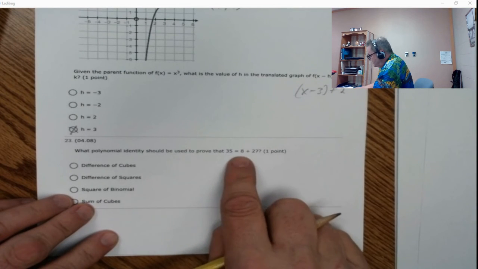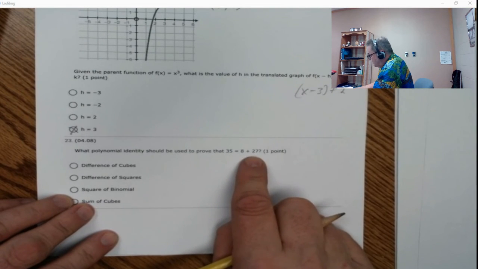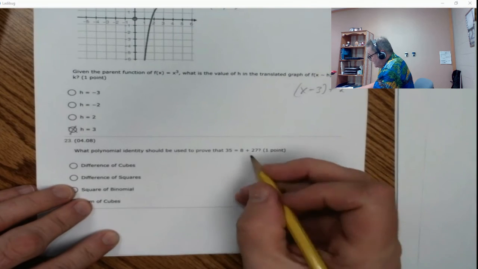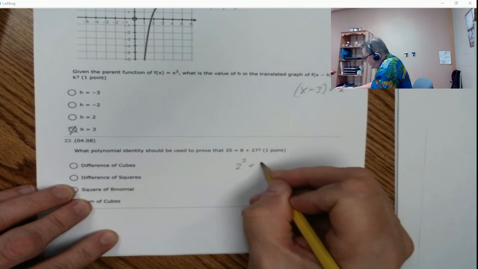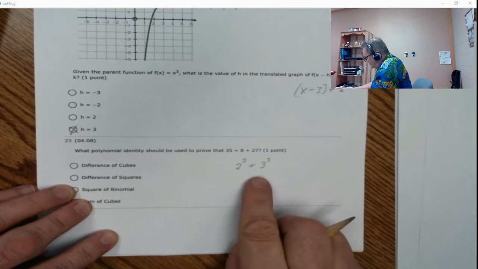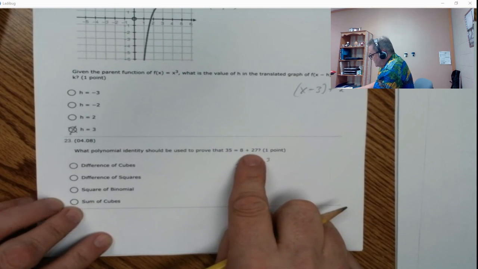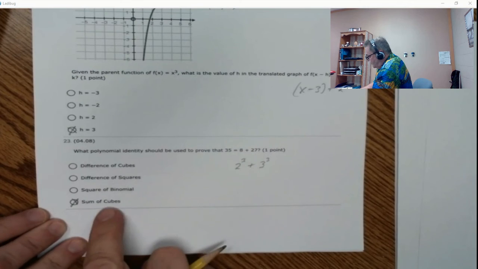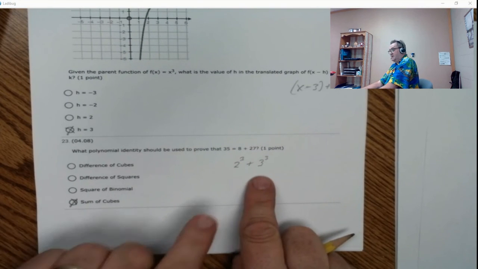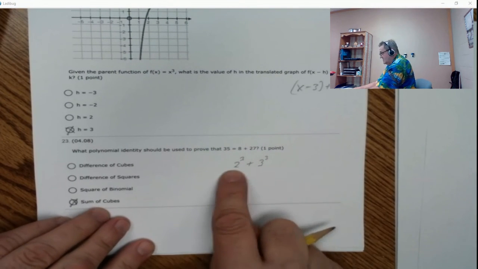Okay, which polynomial identity should be proved that 35 equals 8 plus 27? Well, 8 is, I notice, 2 to the 3rd power, plus 3 to the 3rd power. This is 2 to the 3rd power plus 3 to the 3rd power, so that is the sum of cubes. And we can use that pattern they gave us.